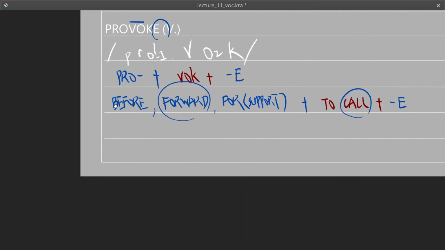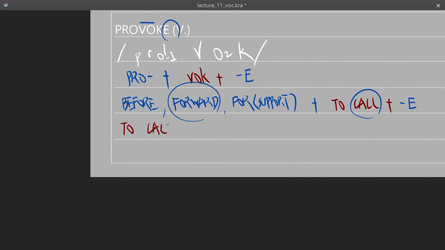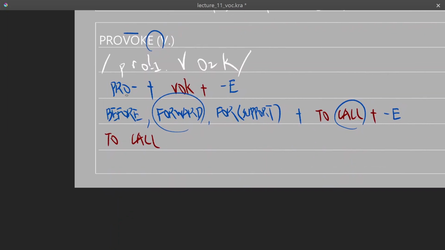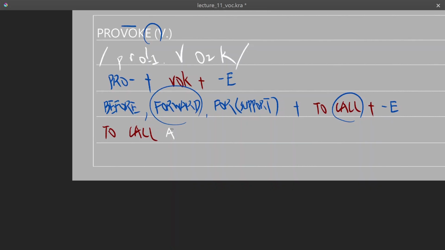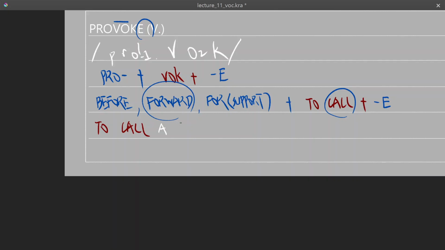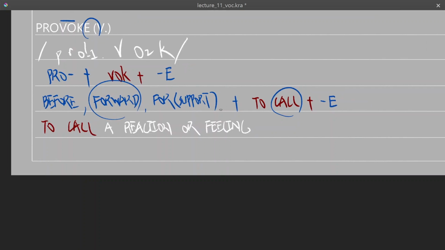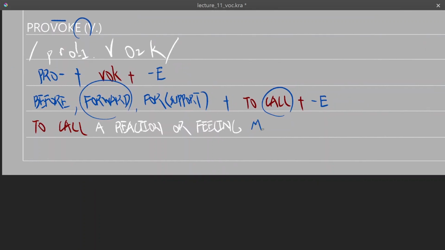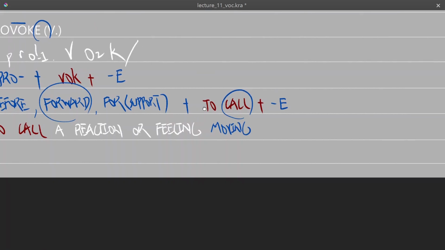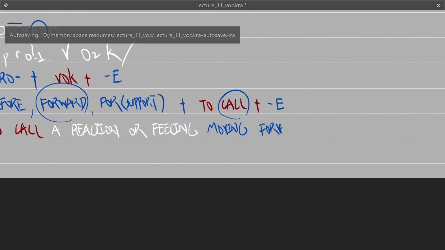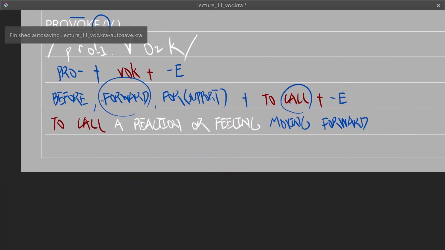To call a reaction or feeling moving forward. All right, to call a reaction or feeling moving forward.